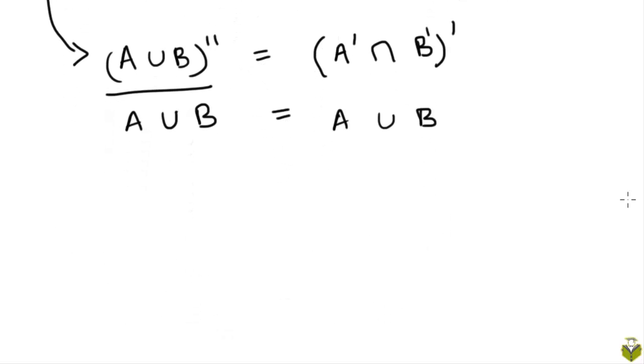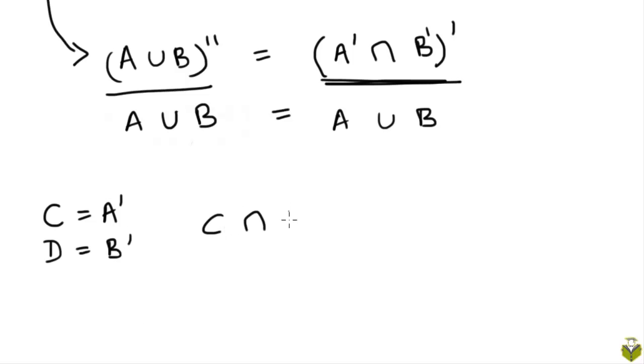So let me say this more formally. Let's say that C is the set A complement and D is the set B complement. The right hand side here is the set C intersection D complement. The left hand side here is A union B or A union B double complement. They're the same thing. So how would we express A union B in terms of C and D?